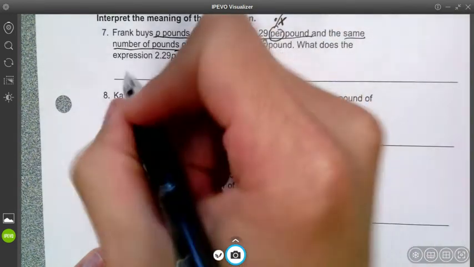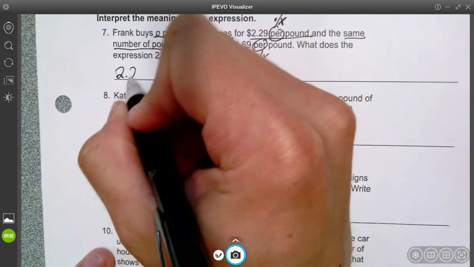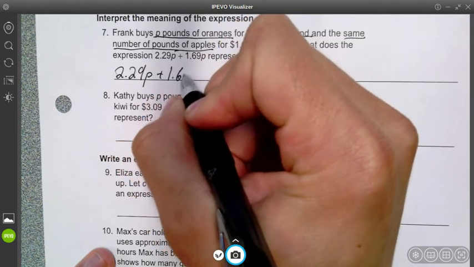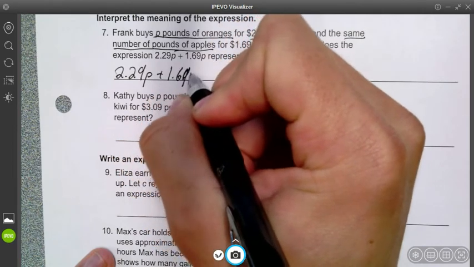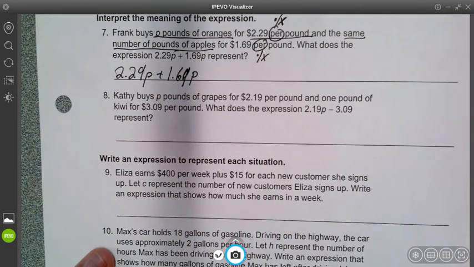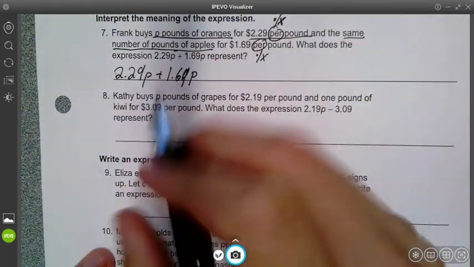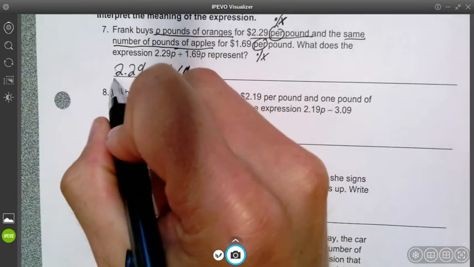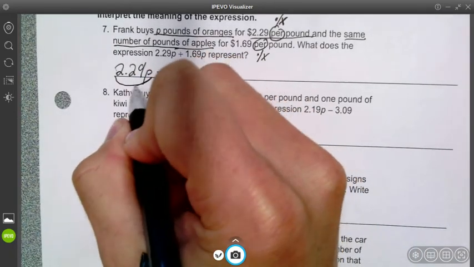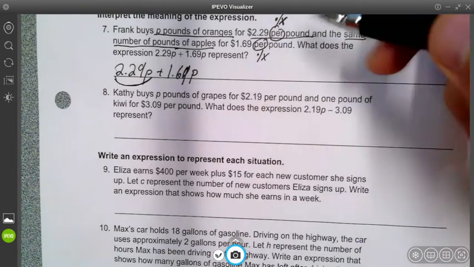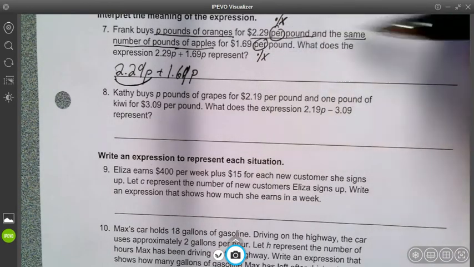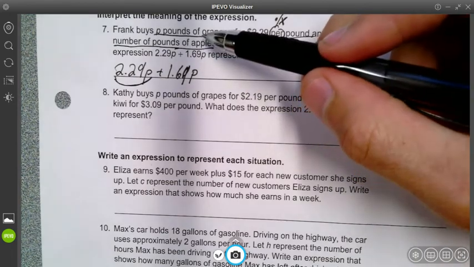So the expression we're given and the expression we need to interpret is this one right here. And what does this expression mean? Sorry, my handwriting got a little sloppy there. What does this expression mean? Well, let's break it into parts to try and understand that. What would this part express? Well, $2.29 per pound of oranges.